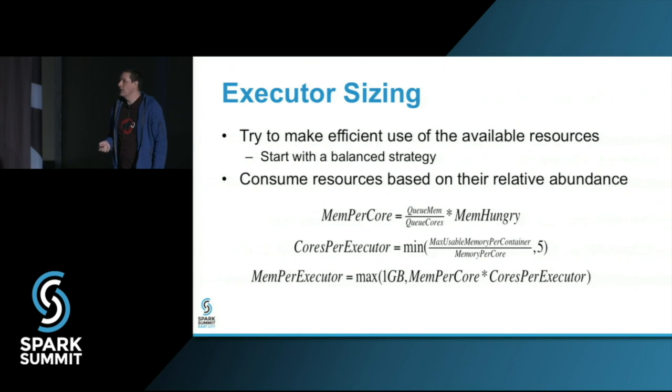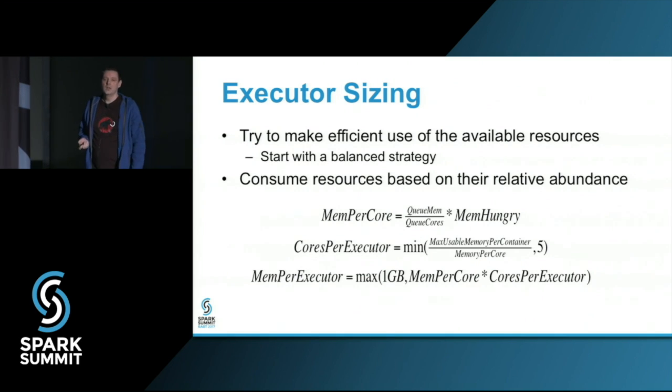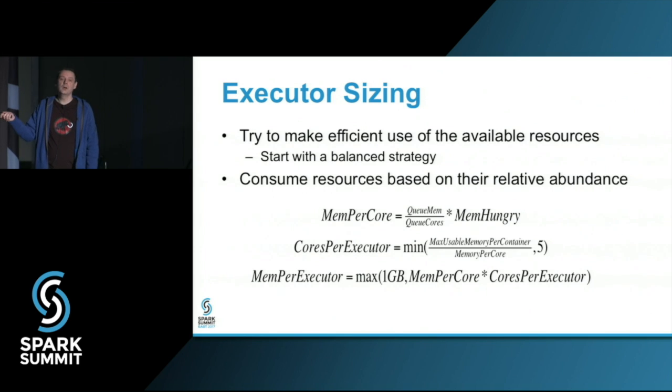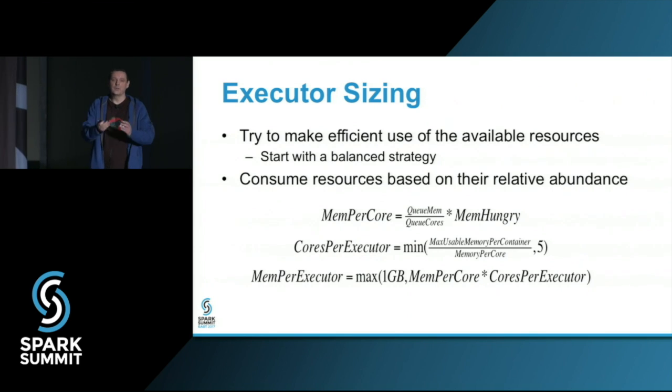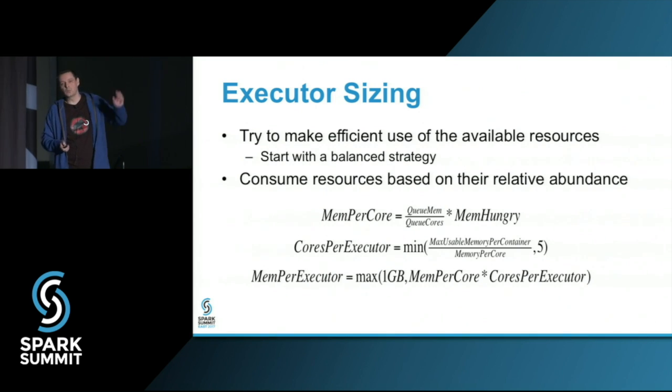One thing we can do there is look at the amount of memory we have available in the queue, look at the amount of cores we have in the queue, and that gives us an estimate for how much memory we can spend per core if we want to consume them in a balanced way. We can also start to introduce some relative complexity modifiers. As we walk the DAG that is being constructed, if we see algorithms that are particularly memory hungry, using a lot of executor memory, then we can bump up this ratio to accommodate that.